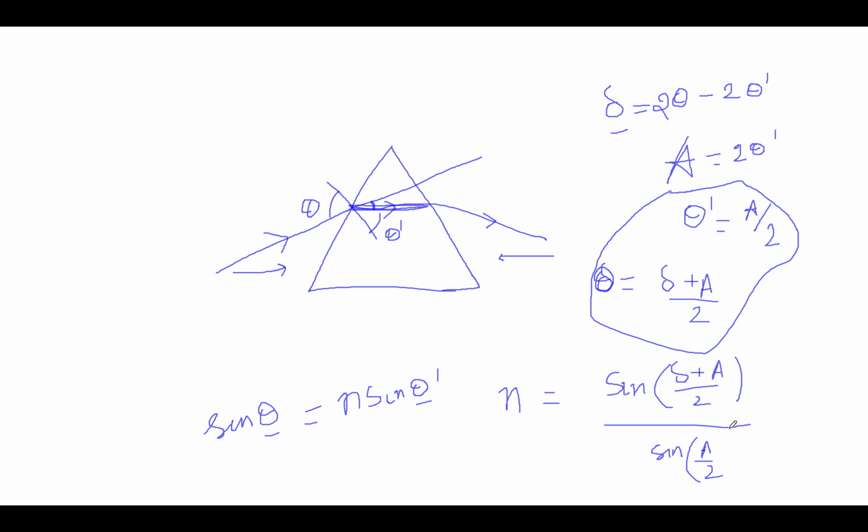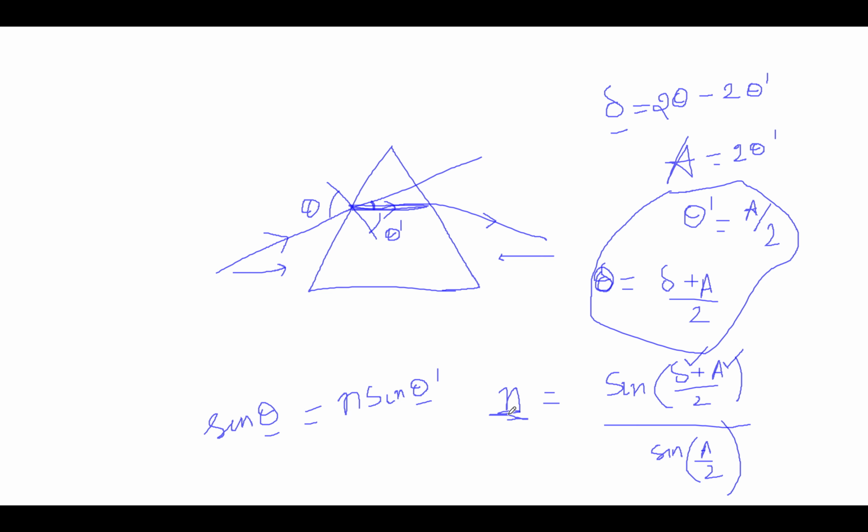And delta, we just saw how to figure out the angle of minimum deviation, delta. We can do that by plotting delta as a function of angle of incidence like I have shown you. So you can figure out experimentally what delta is, and you know experimentally what A is, because it's just the angle of the prism. So you should be able to see what the refractive index of the material is.